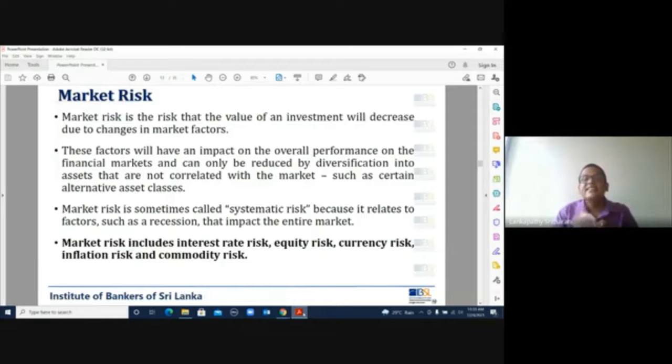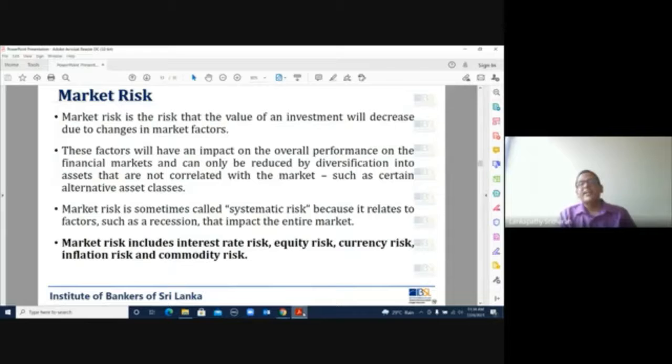When interest rate is increasing, the value will decrease. The treasury bond investment or fixed income investment will be exposed to interest rate risk in an increasing interest rate scenario. Got the point?